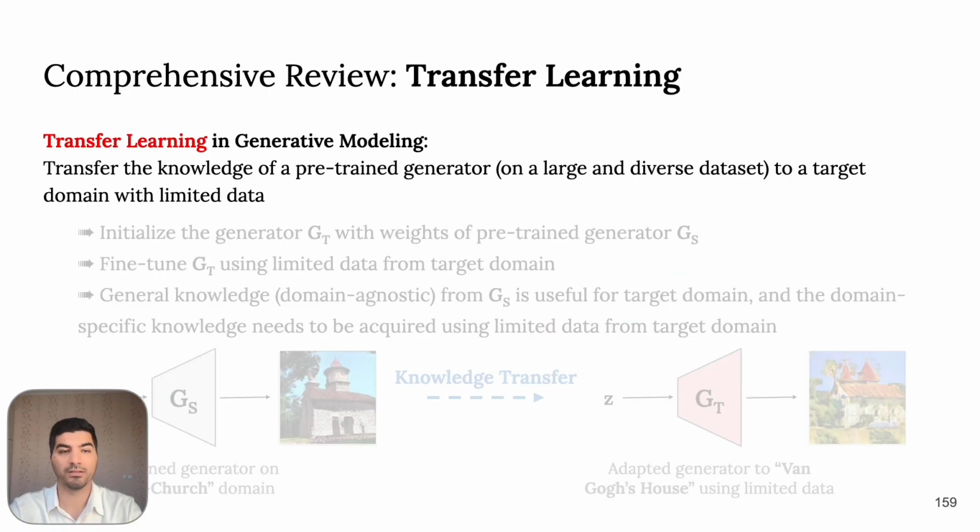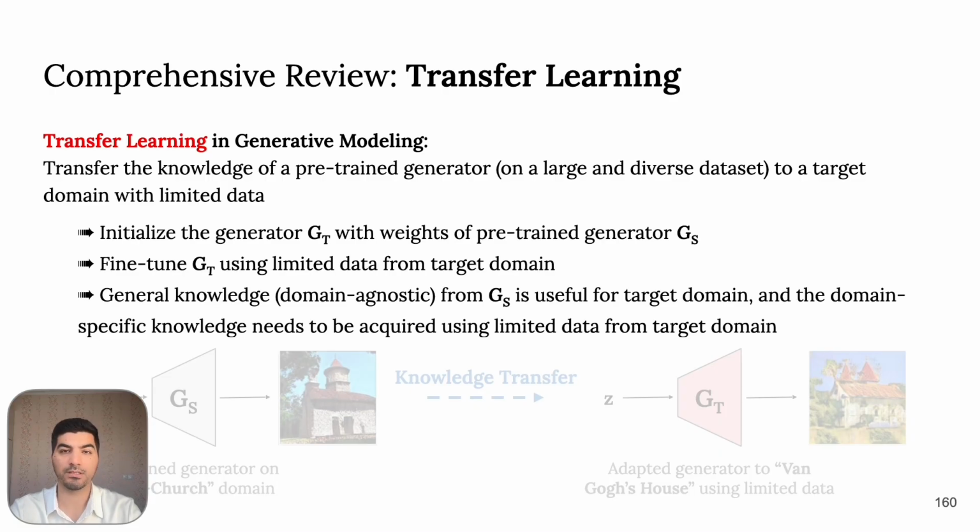Transfer learning in generative modeling aims to transfer the knowledge of a pre-trained generator, which is trained on a large and diverse dataset, to a target domain with limited data. How do we do this? Assuming the source generator is denoted by GS, we initialize the weights of our generator with the weights of GS, then fine-tune our generator using limited data from the target domain.